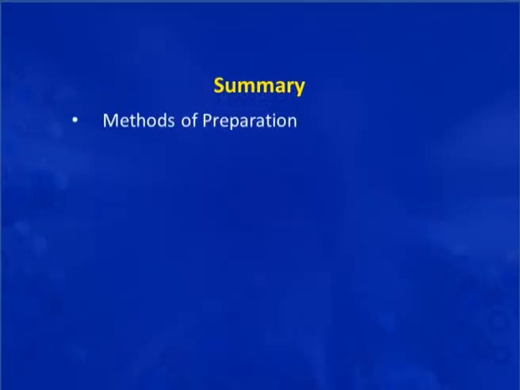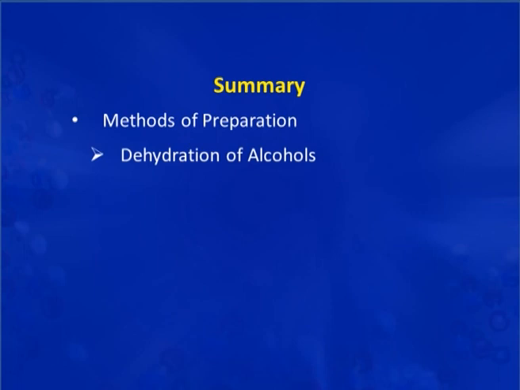Then we discussed various methods of preparation of ethers, starting from alcohol, alkyl halide or alkenes. Starting from alcohol, we can prepare ethers via dehydration reaction. In case of Williamson ether synthesis, we utilized alcohol converted into its sodium salt, and alkyl halide.